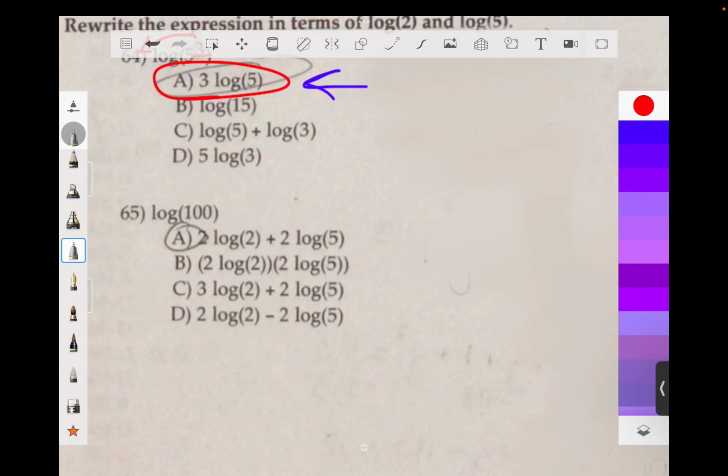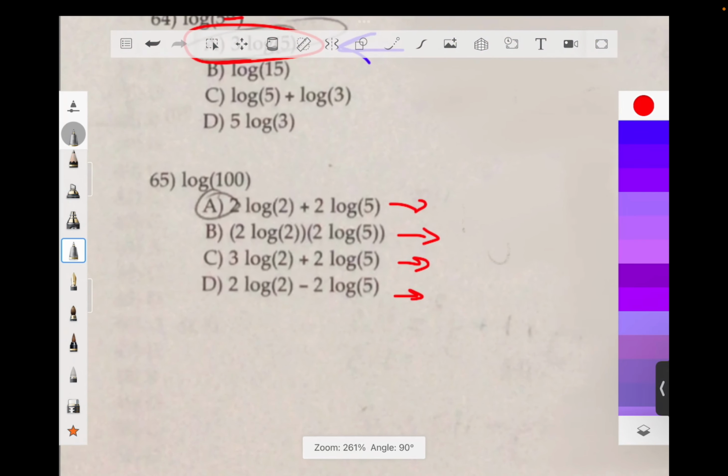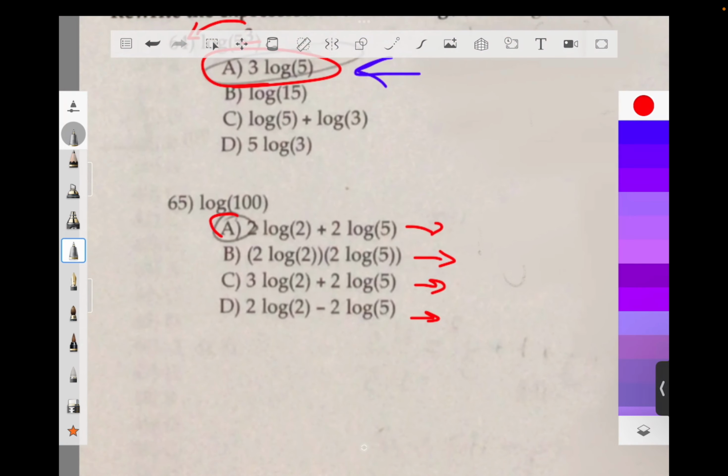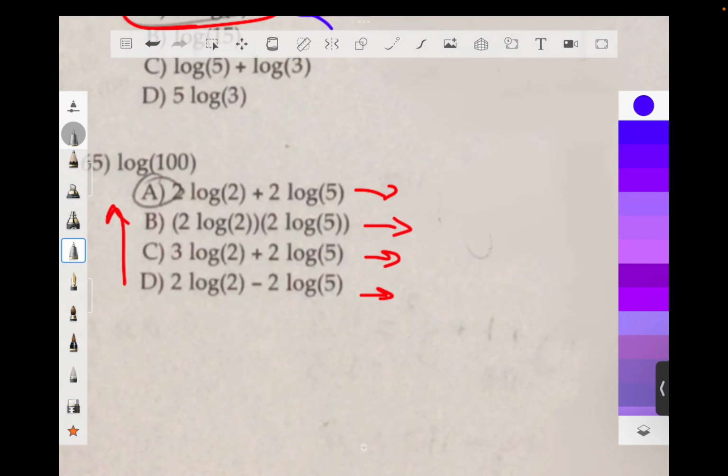Log of 100. Now this one's a bit weird. It's better to look at the answers and see which one makes sense. So I guess we could do... we know it's A, I see it here, but we could start from D and work our way upwards instead.